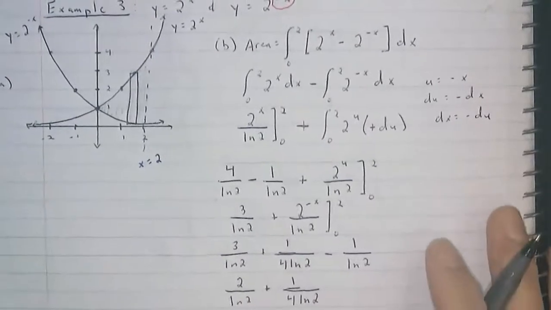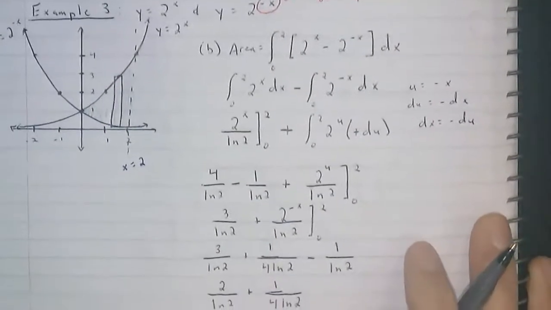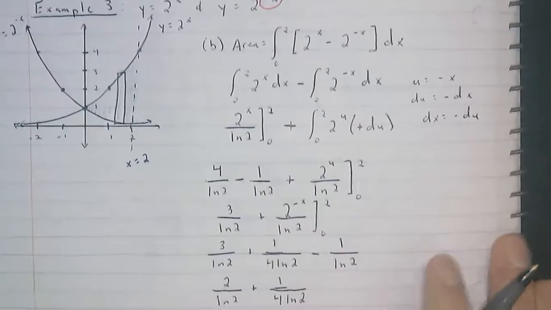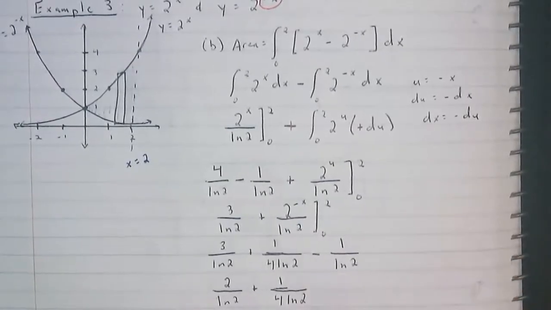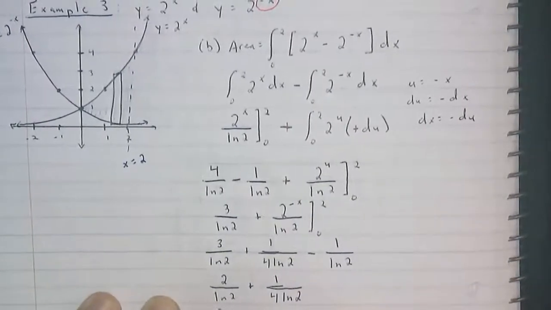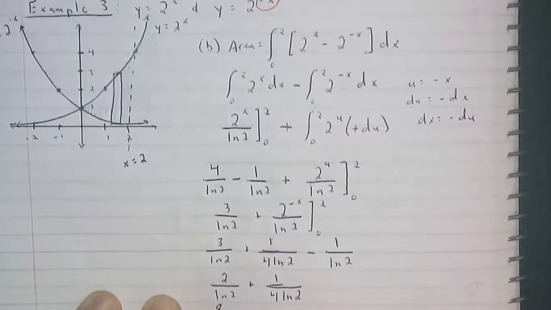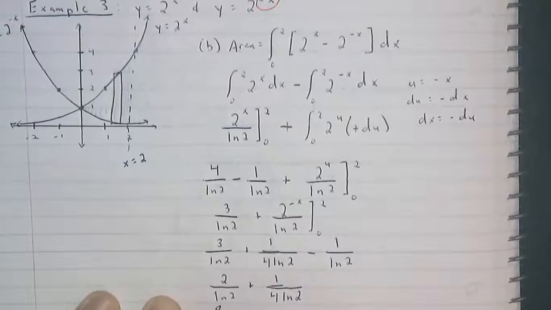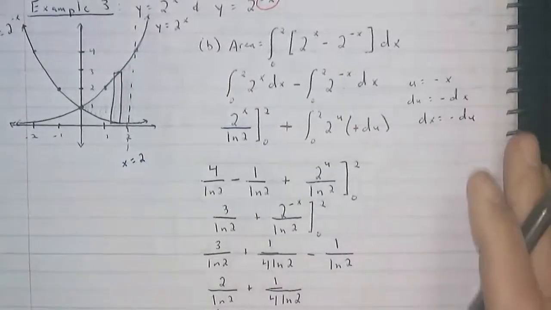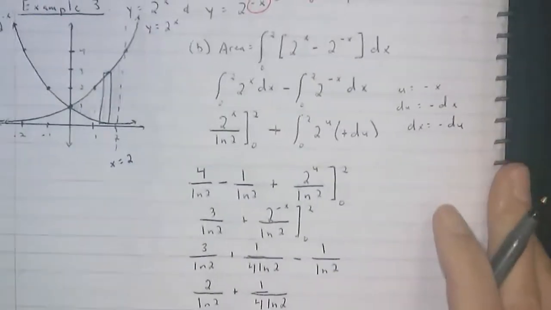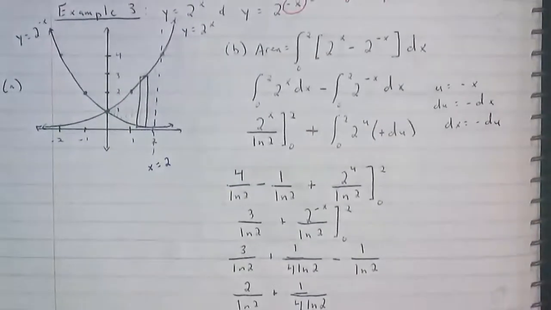And so then if we want to combine these, we can write 2 over ln of 2 as 8 over 4 times the ln of 2. Noticing that the 4 and the 8, I need to extend this. Is that better?